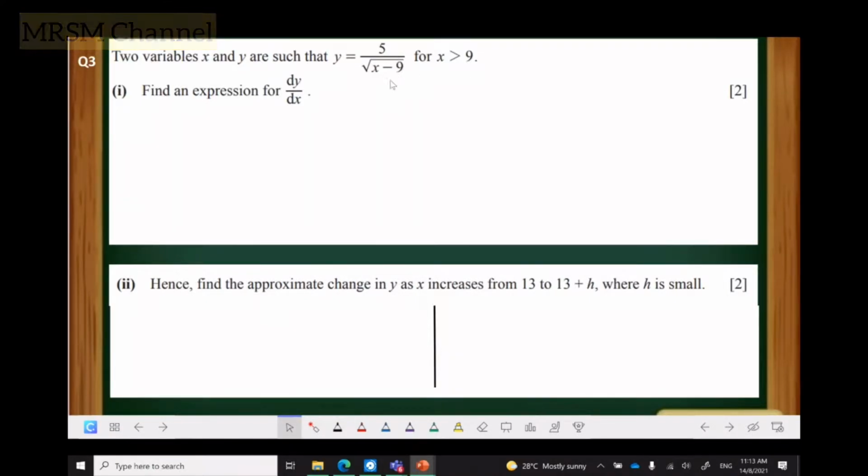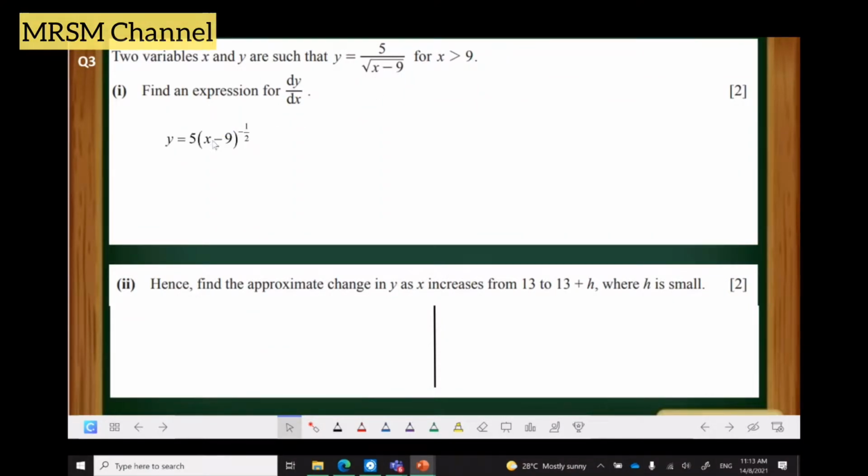So apa yang kita buat, we bring the square root of x minus 9 up. Okay, so that kita boleh buat dy dx cari untuk composite function biasa. Okay, so before that, square root of x minus 9, kita tukar dulu jadi x minus 9 to the power of 1 over 2.